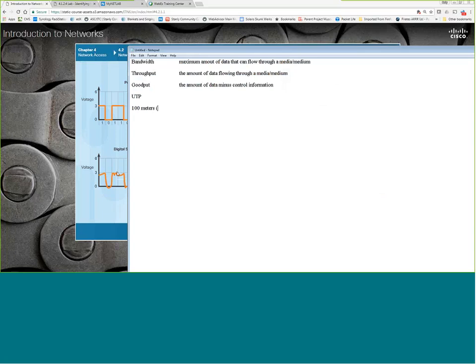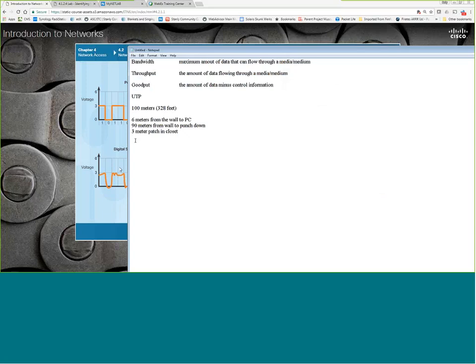And the way that is normally broken down, believe it or not, there are actually specifications, which is 6 meters from the wall to PC, 90 meters from wall to punch down, and then 3 meter patch in closet. So, and I know that's only 99 meters, but that's what it is.